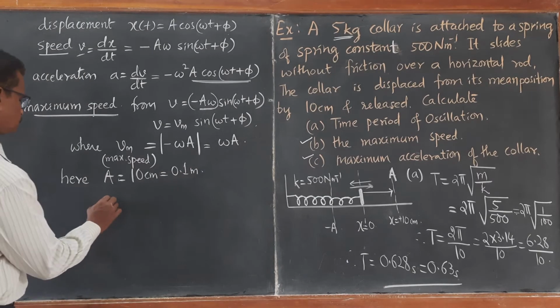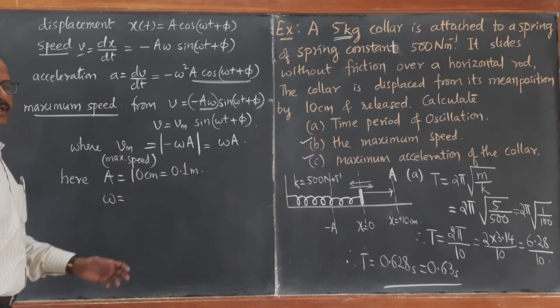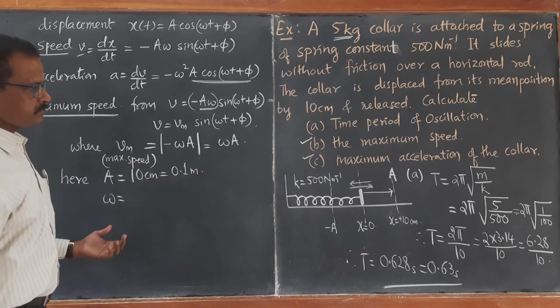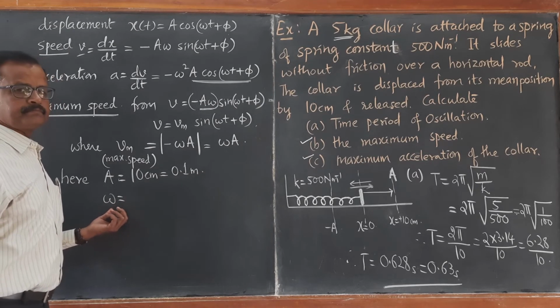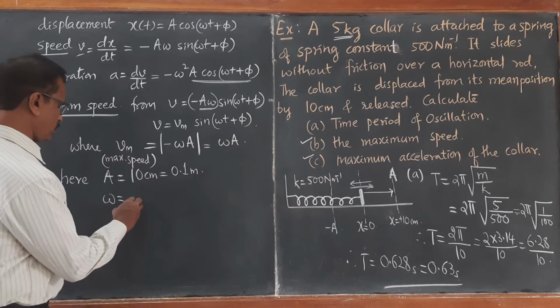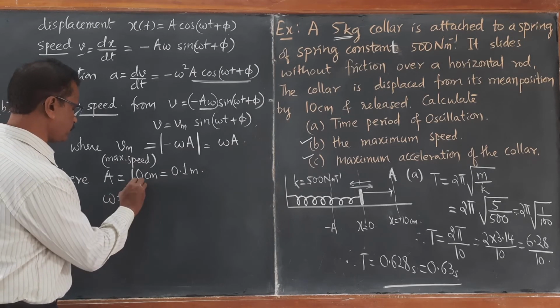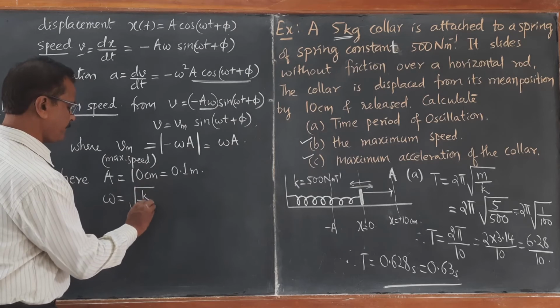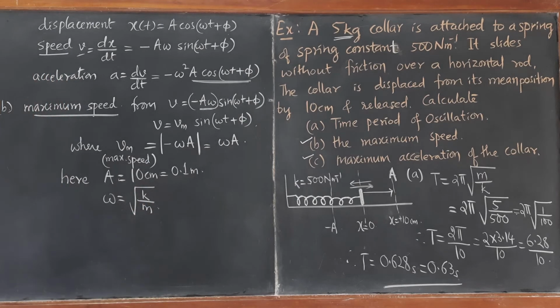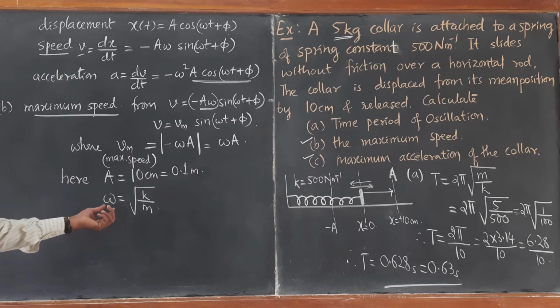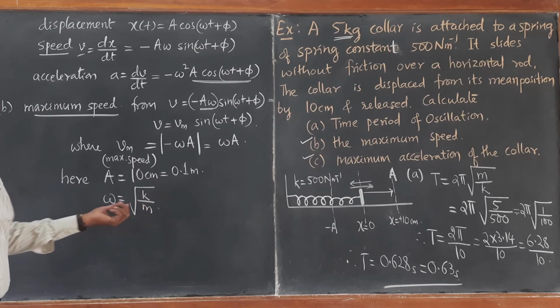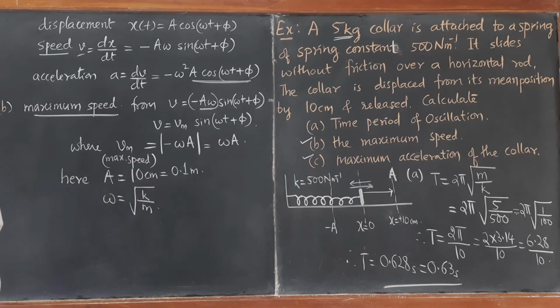Now omega: since it is undergoing simple harmonic motion, we have m omega squared is equal to k. If you remember from the force law, m omega squared is equal to k. Therefore, omega is equal to square root of k by m.